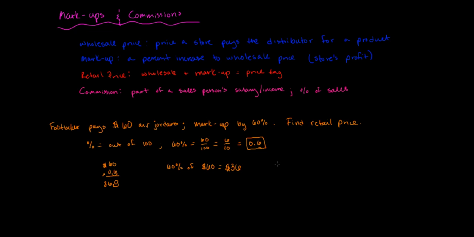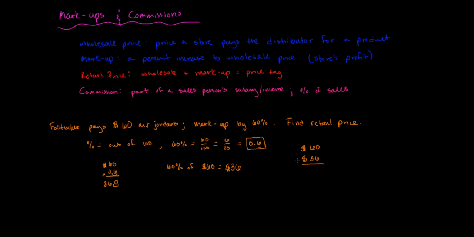Now I'm going to be paying the retail price, which is both the original price, the wholesale price, and the markup together. So I'm going to add the $60 with the $36 for the markup, and that will be our retail price.